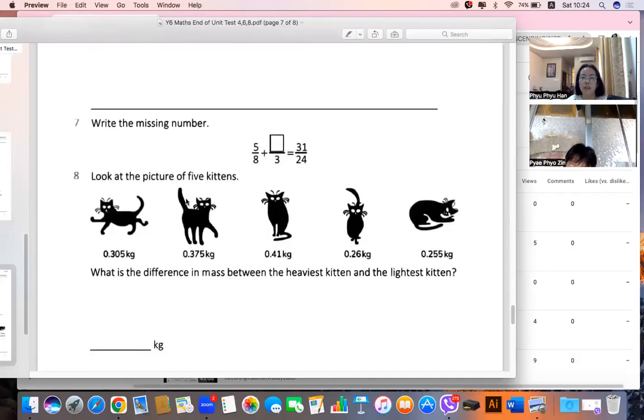Now you will see, write the missing number. Again, you will make this 8 into 24 and this 3 into 18, so this 3 into 24 also, and we will find out the missing number.